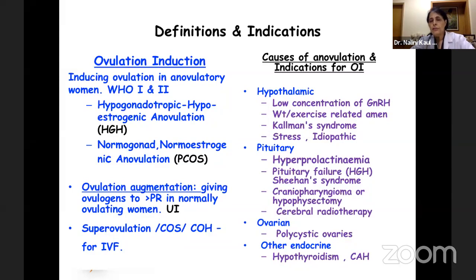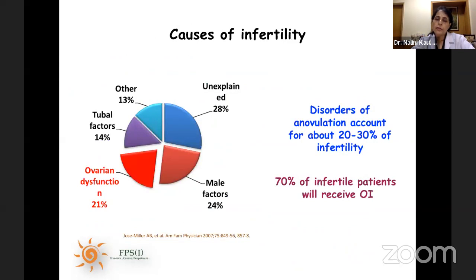Now, the causes of anovulation can be hypothalamic, they can be pituitary, which is mainly hyperprolactinemia, they can be at an ovarian level, and other endocrine factors. If you look at the causes of infertility, ovarian dysfunction takes up about 21% of this group.